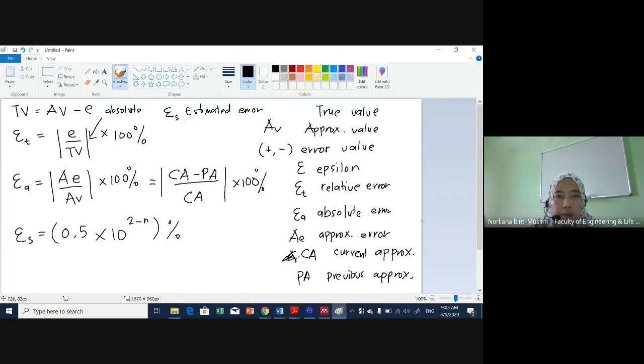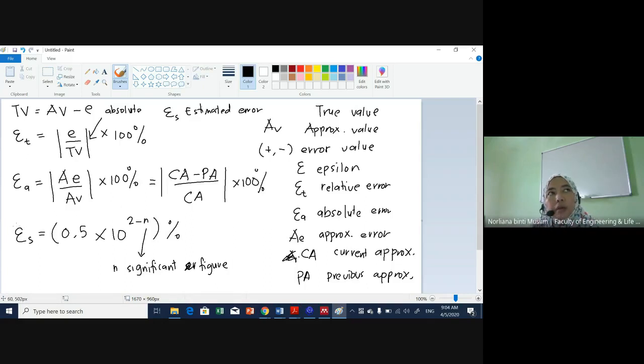This n refers to the number of significant figures. Estimated error means the error that we might accept on the problem. So this is the formula.